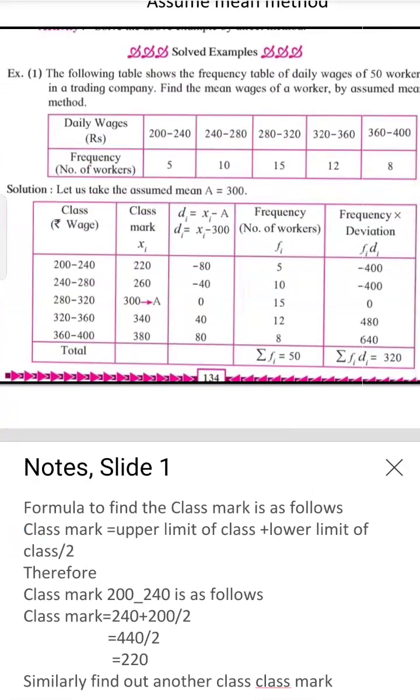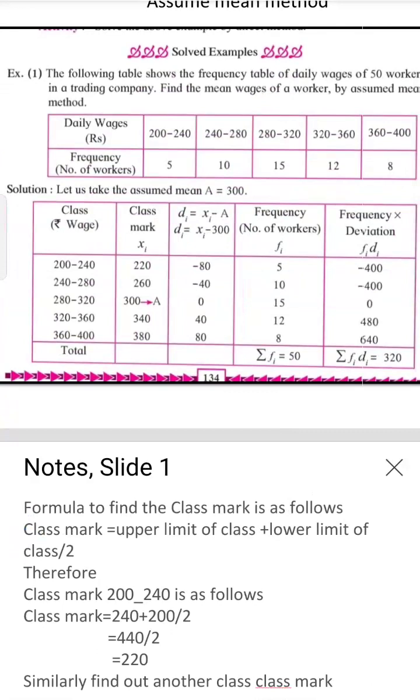Then di equals deviation. In the third column, deviation di equals xi minus a. Here the assumed mean is 300, therefore xi minus a. So 220 minus 300, we obtain minus 80. 260 minus 300, we obtain minus 40.